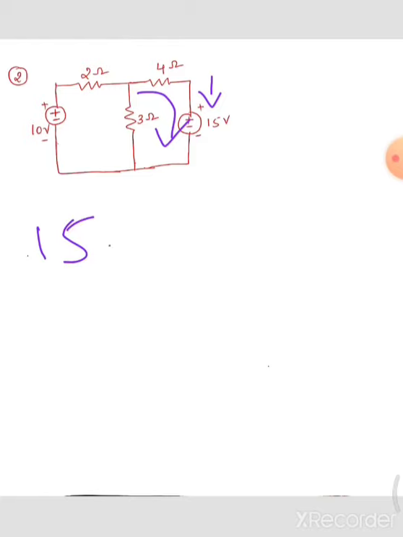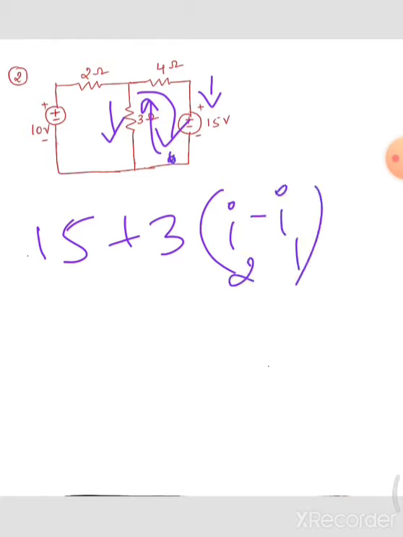And the next is the 3 ohm resistance. Observe that those two currents' directions are opposite, so it should be one minus the other, but you are in the second loop, so you have to take I2 minus I1. And next you reach the 4 ohm resistance, with the independent current flowing there, I2, which is equal to 0.